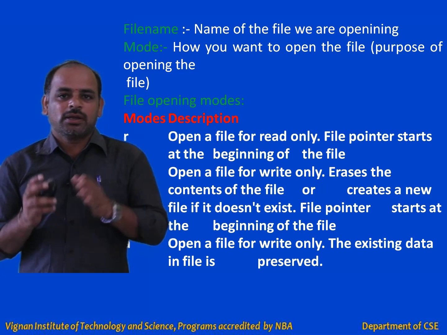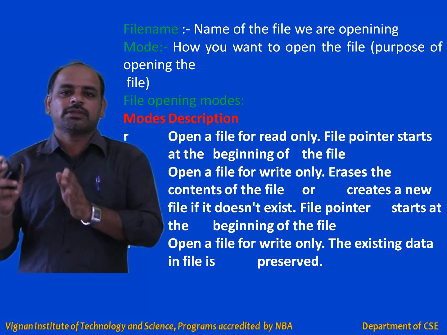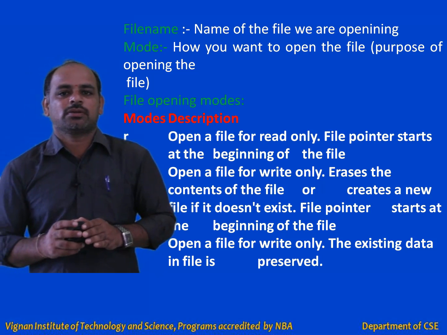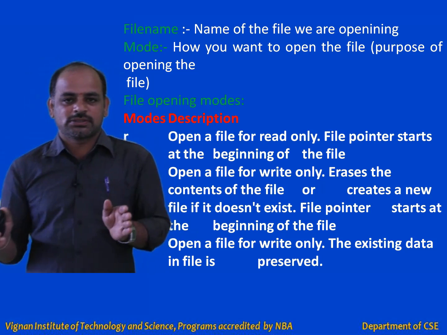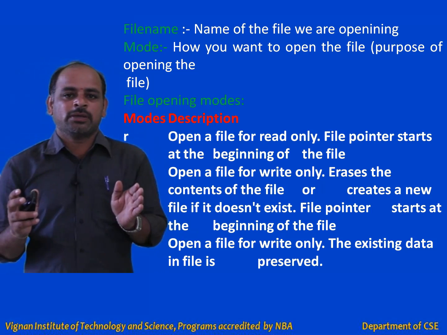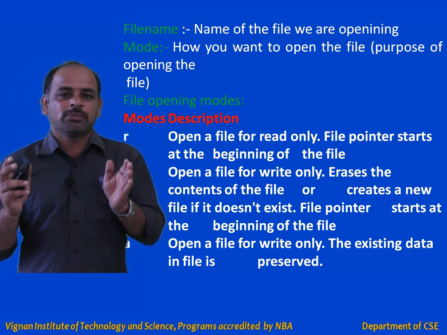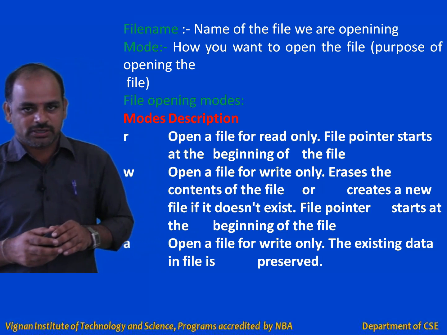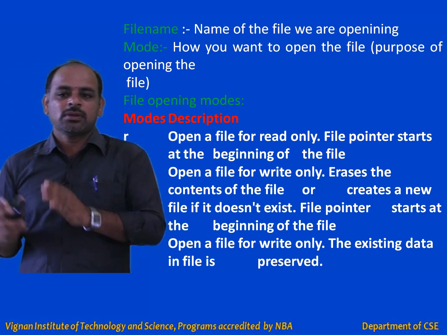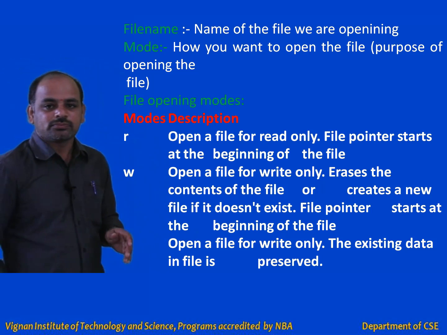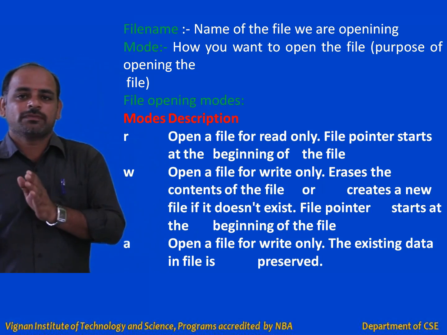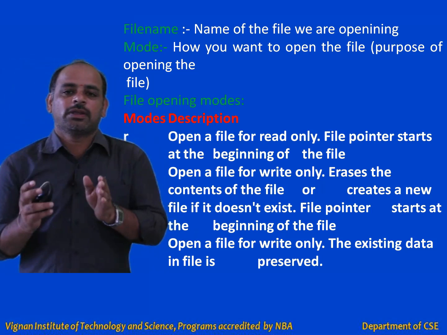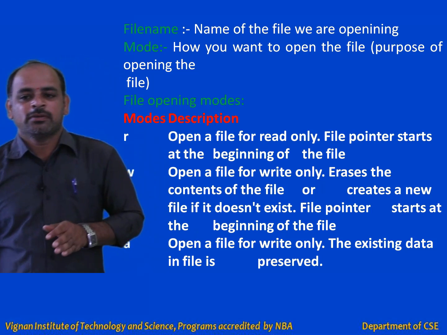The new data which you want to write will be written into that file. If the file does not exist, then with the same name you have given as the first parameter, a new file will be created, and data will be written into the new file. After the file is opened successfully, the file pointer will be at the beginning of the file.